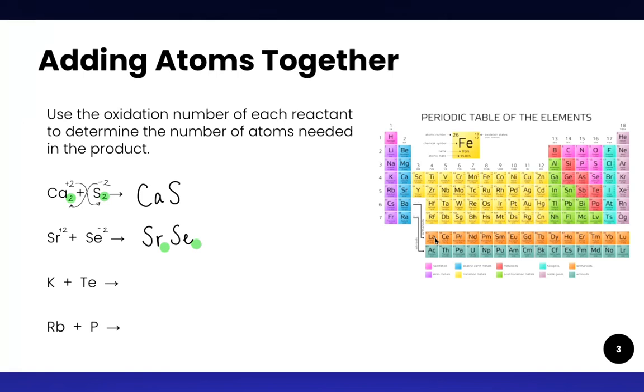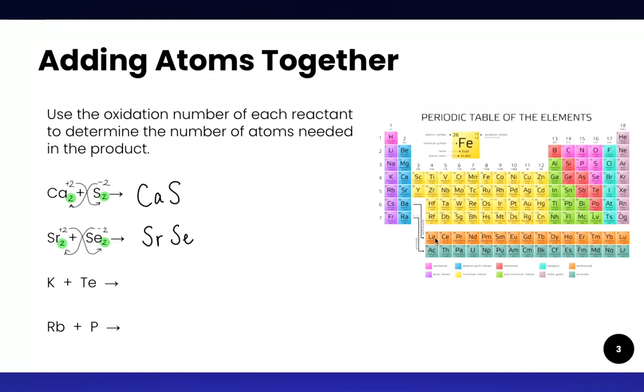We're going to use the drop and cross method, and then reduce it to the lowest whole number ratio, which is 1:1, meaning that our final answer is SrSe, a neutral molecule.